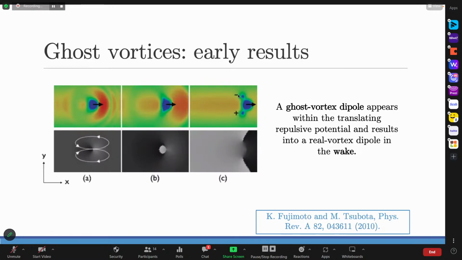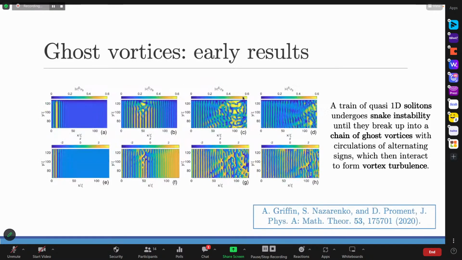So the laser beam is seeding the vortex-antivortex pairs. But what I didn't know until some months ago is that the seeds of these vortices are ghost vortices localized inside the laser beam. When you translate the laser beam, you start creating a ghost vortex-antivortex pair that turns into a real vortex and antivortex. So this is another platform where they were observed.